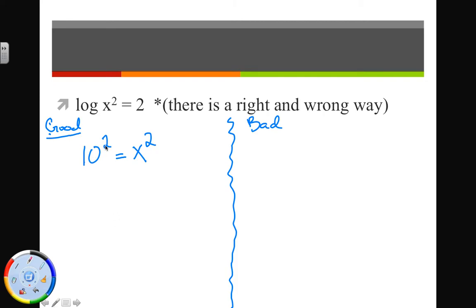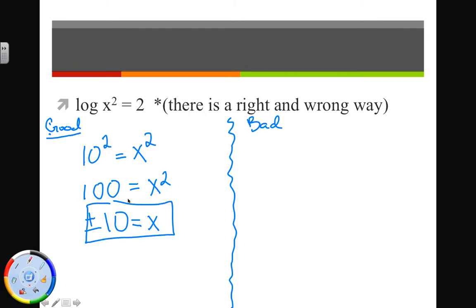Well, if 10 squared equals x squared, 100 is equal to x squared, and then you square root both sides and you get x is equal to plus and minus 10. And you could verify this for yourself. If you plugged in 10 or negative 10, you would get 100, and log base 10 of 100 is 2 for both of these cases. So this is the good way to do this.